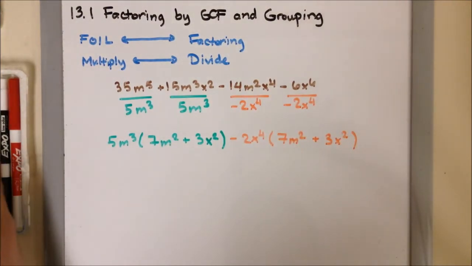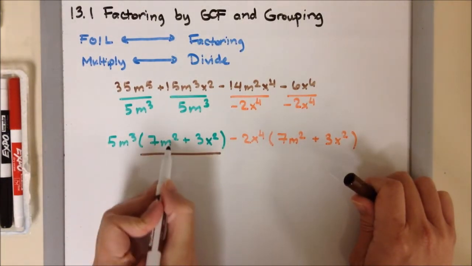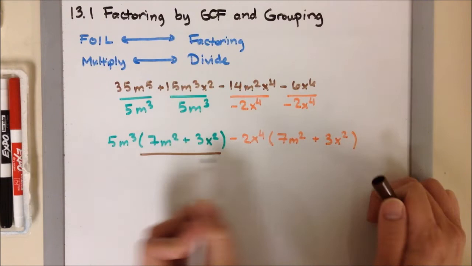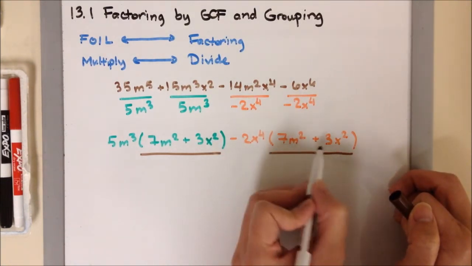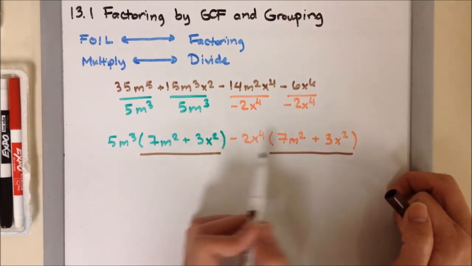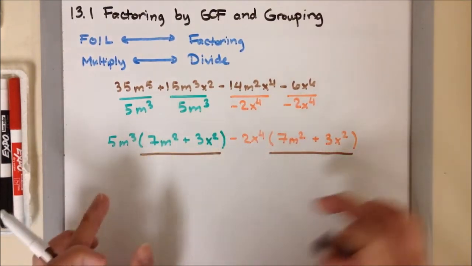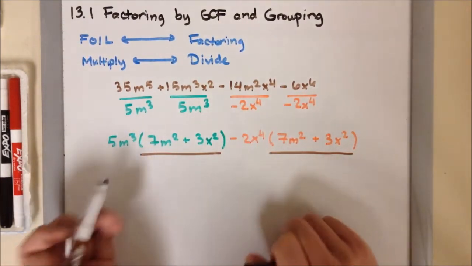So let's take a look at what's inside the parenthesis. Over here, I have 7m squared plus 3x squared. And then over here, I also have 7m squared and then plus 3x squared. So they're both exactly the same. So since they're exactly the same, then I'm going to put our GCF together in one group.